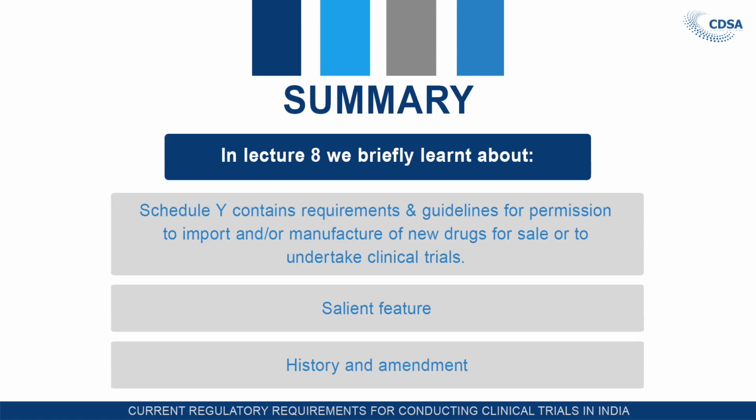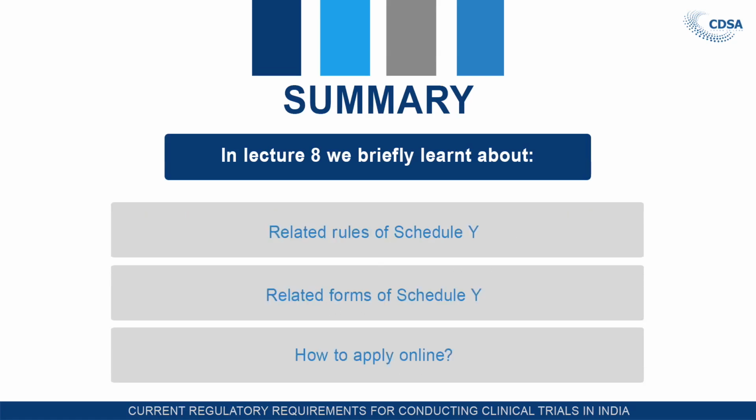Then we have seen the salient feature that the phase lag has been removed, concurrent phase has been allowed, then phase 3 is required to market the drug. Then we have seen the history and amendments. It started from 1988, then the first amendment was in 2005, then a lot of amendments happened until 2016.